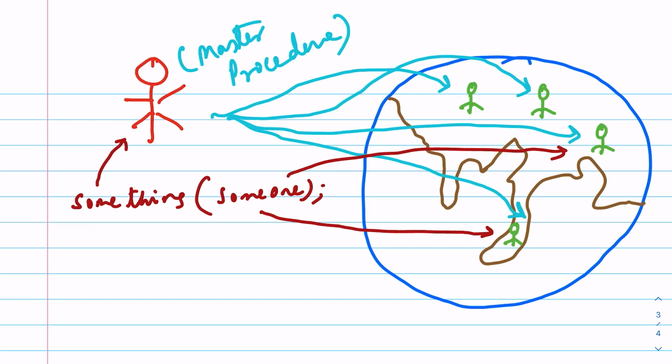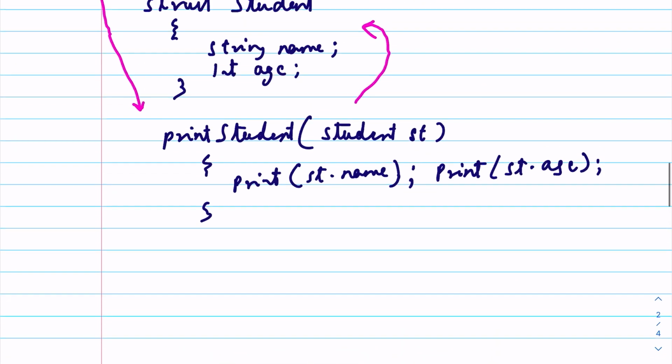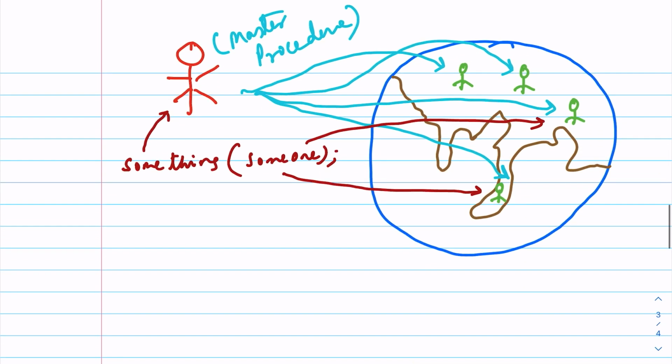I don't say it is a wrong concept, but in large scale systems this can lead to problems. So what can be a proper way? As I said, in real life someone should modify something, not something should come and modify these individual entities.